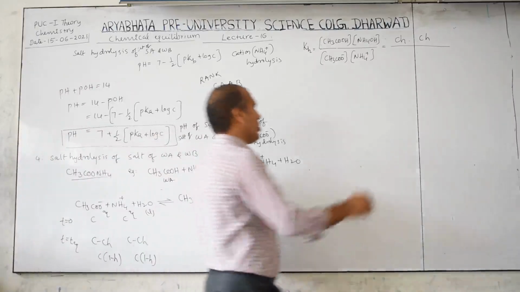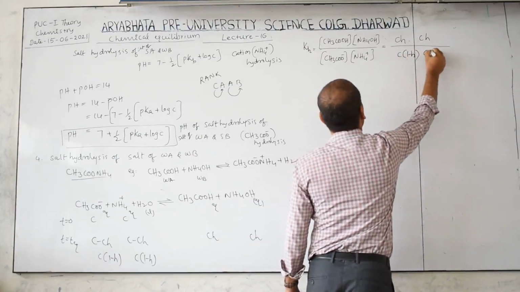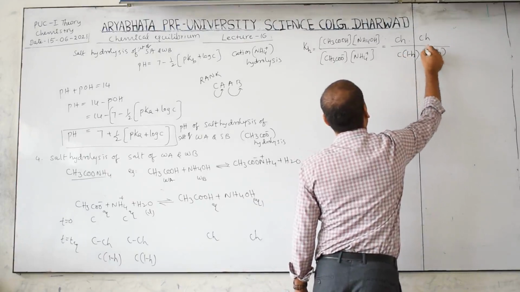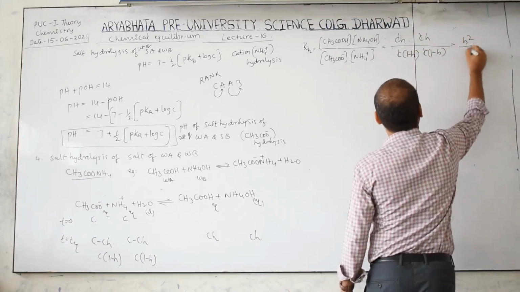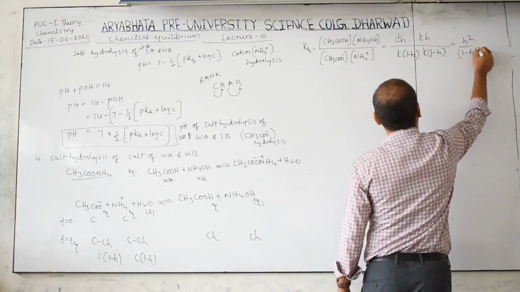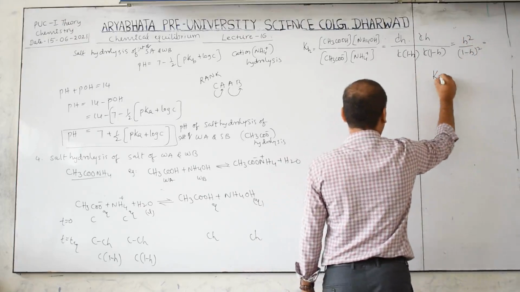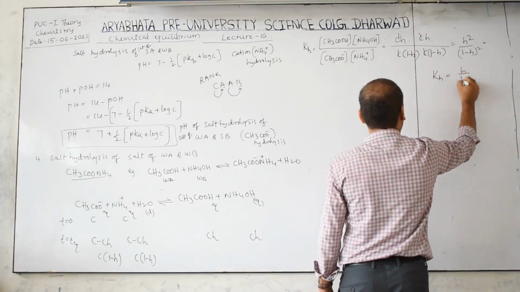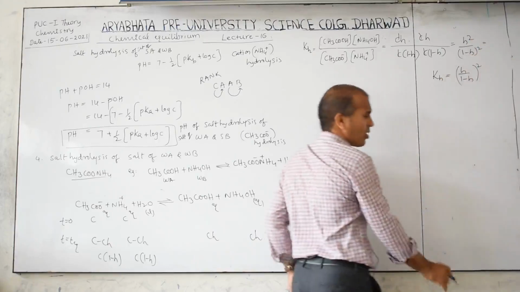Therefore the denominator is C into 1 minus h, C into 1 minus h. C cancels, C cancels. Therefore h square by 1 minus h square. This can be represented as KH is equal to h by 1 minus h whole square, because the square is there, whole square we can write.